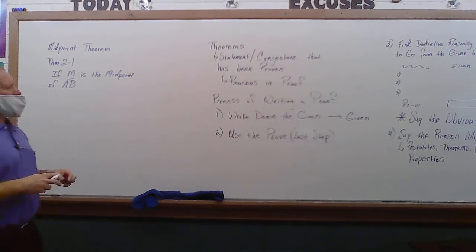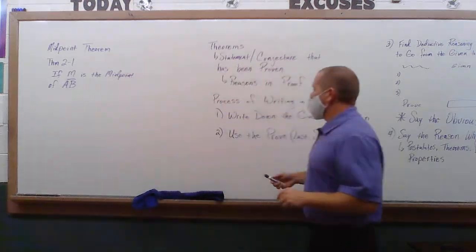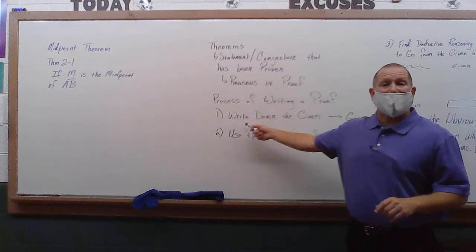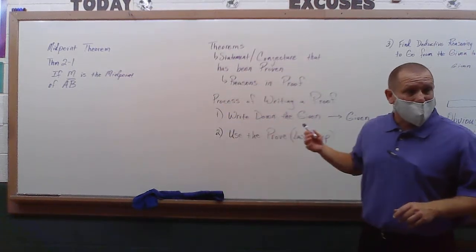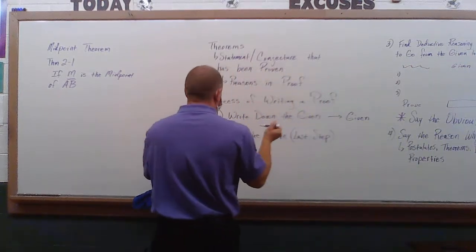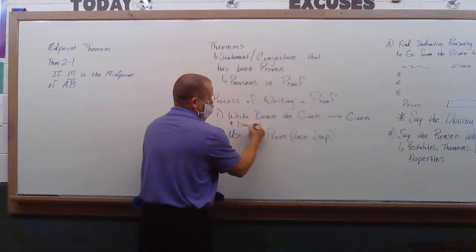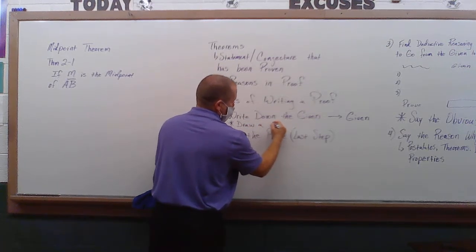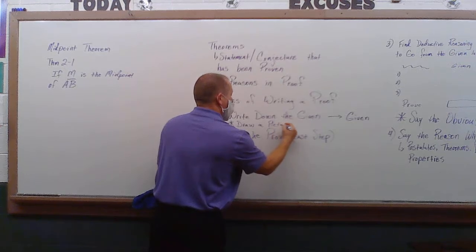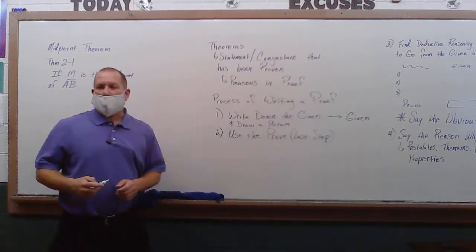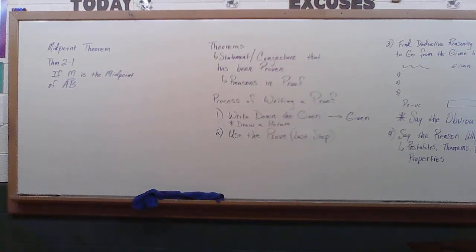So, here's the other thing that we didn't really talk about, so I apologize. If you go back to number 1, it says write down the given. As you're writing down the given, I would always try to draw a picture. Draw some kind of figure that is explaining what is given to you.